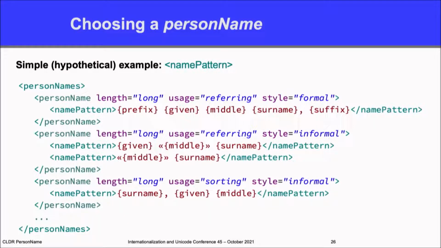So as an example, here's a hypothetical case where we have the multiple person names, and it contains the first person name saying, if you're asking for long, referring, and formal, there's a particular name pattern. And then you may have long, referring, informal. And then down below, we've got long, sorting, informal.